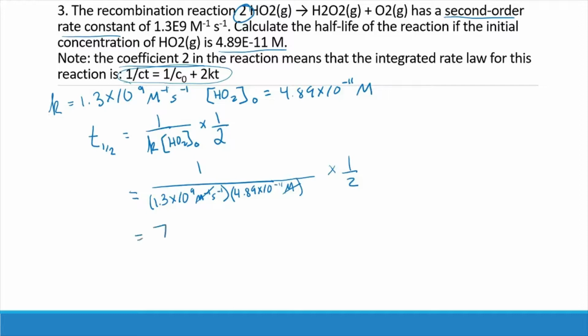And so then this comes out to be 7.87 seconds because you have 1 over inverse seconds. So then that means it's seconds. So that's our half-life, 7.87 seconds. So the trick here was adding that 1/2. They gave you a clue with the reaction, the integrated rate law, but that one was a little tricky.